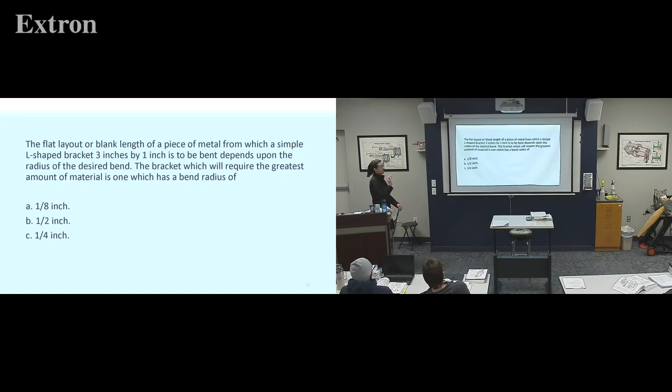The flat layout or blank length of a piece of metal from which a simple L-shaped bracket, 3 inches by 1 inch, is to be bent depends upon the radius of the desired bend. The bracket which will require the greatest amount of material is one which has a bend radius of 1/8, 1/2, or 1/4.